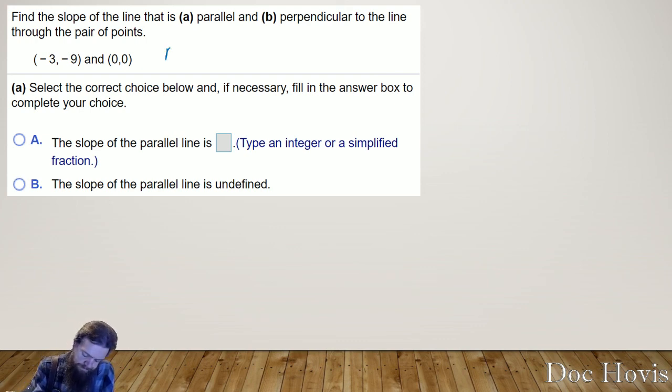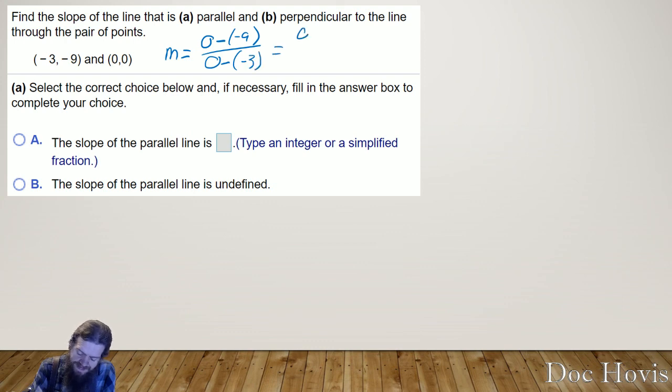Obviously, you're looking at your previous formula that you wrote down. 0 minus y2, which is negative 9. Oh wait, it's y2 minus y1 over x2 minus x1. I should look at my own formula maybe.